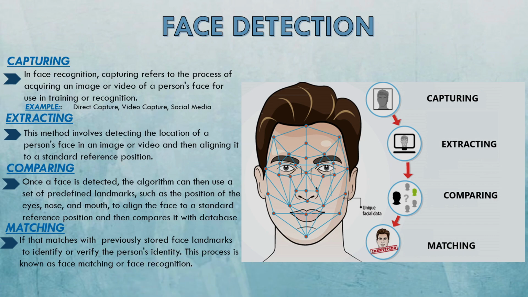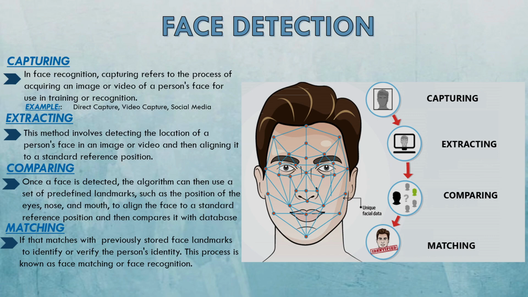Next step is comparison. Since we got all the data about the positions in our face and the alignment of the face, now we have to compare that face with the database, and in our database we have other face data. With that data we have to compare the face we have taken at present.